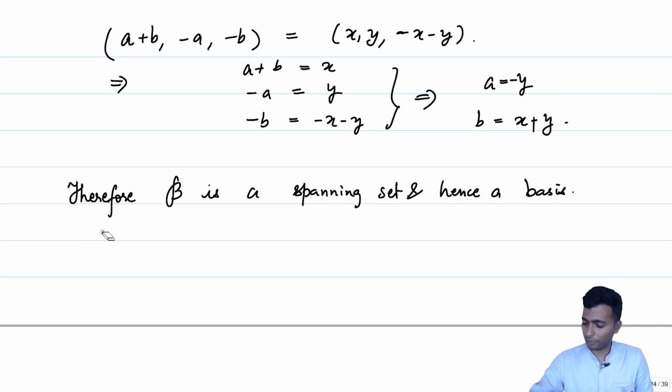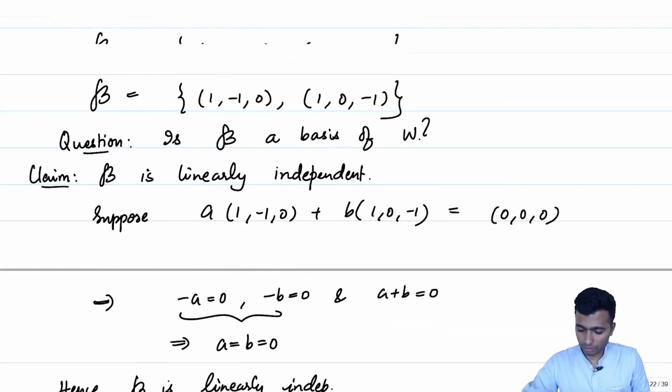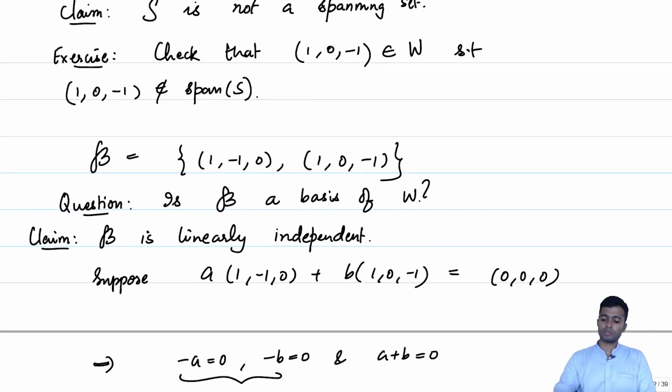Okay, so let us carefully look at what we did. What we did here was to get hold of a basis in an algorithmic manner. We picked some vector at random, (1, -1, 0), and checked whether it was a spanning set, saw that it was not, picked an element which is not in the span, appended it, and after appending we obtained a new set which was both spanning as well as linearly independent.